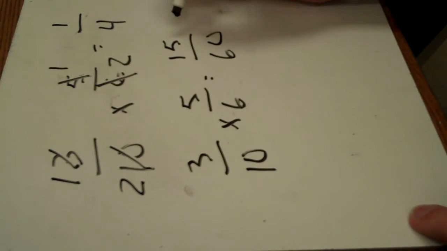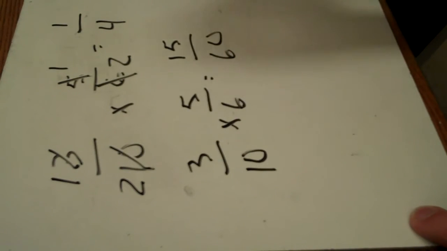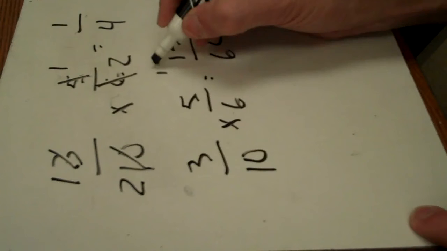The problem with 15/60 is that it can be simplified. Okay? You have to find the greatest common factor between 15 and 60. Just to shorten up this video, 15 is actually the greatest common factor if you work it out.